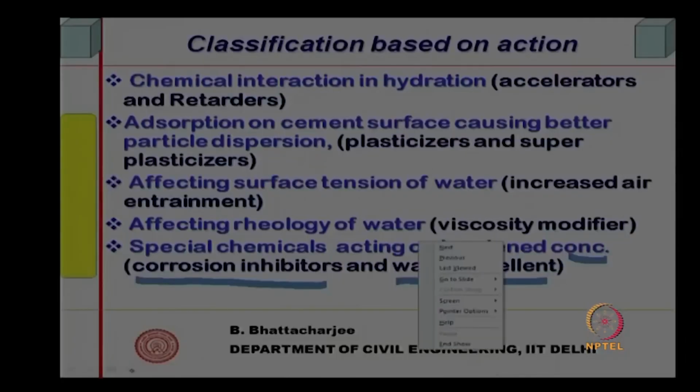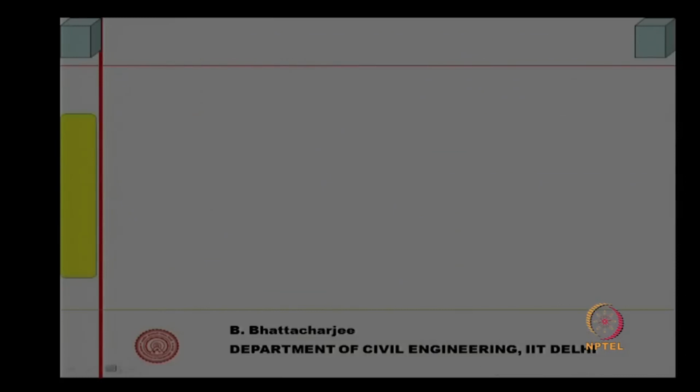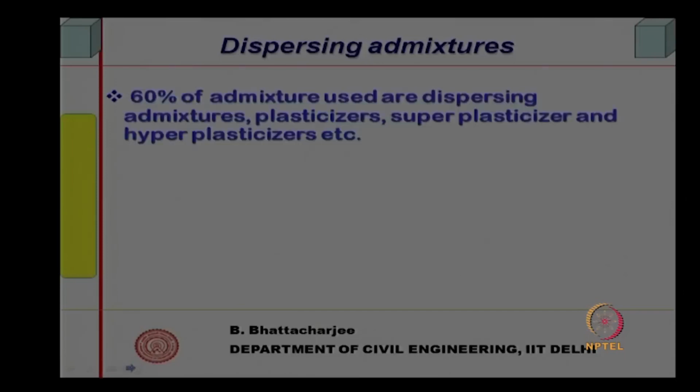Corrosion inhibitors would of course stop the corrosion process, the electrochemical reaction, either anodically or cathodically. So, this is the classification of admixtures, but first we will concentrate on dispersing admixtures, that is the plasticizer, superplasticizer, etc.